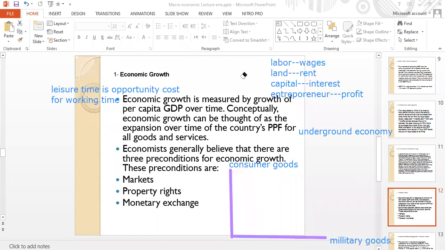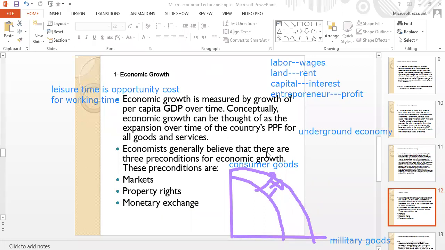This is considered the PPF. Expansion of the PPF is considered economic growth. So here we have economic growth, we have expansion in the PPF, we have shifting. So this is considered economic growth.